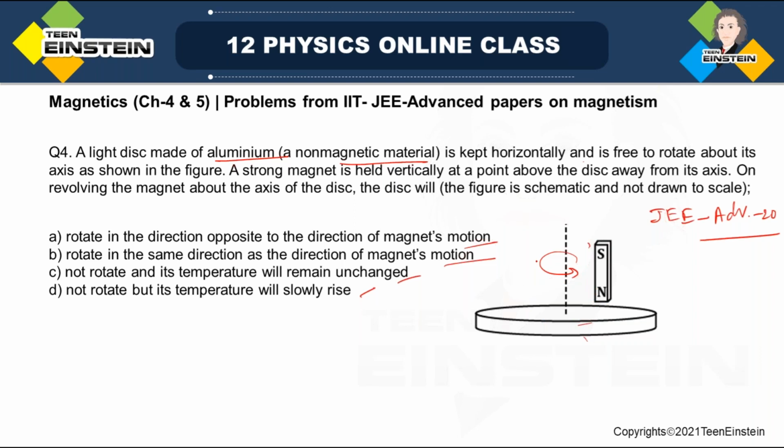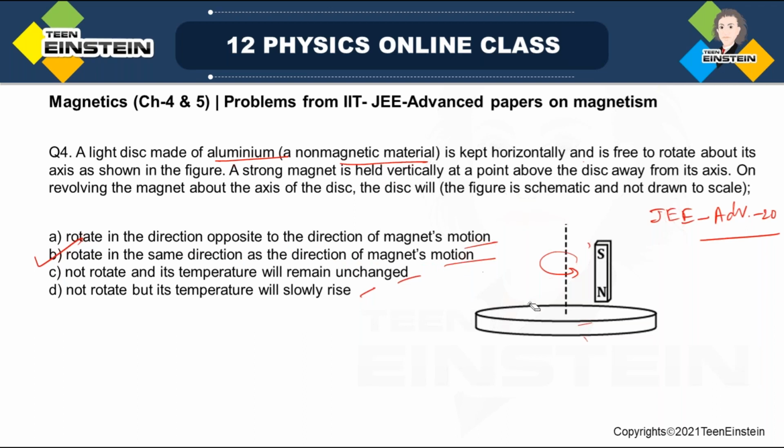When this is rotated, will the disk rotate, and if it rotates, will it rotate in the same direction as the magnet is rotated, or in the opposite direction? It is actually option B, rotate in the same direction as the direction of the magnet's motion.